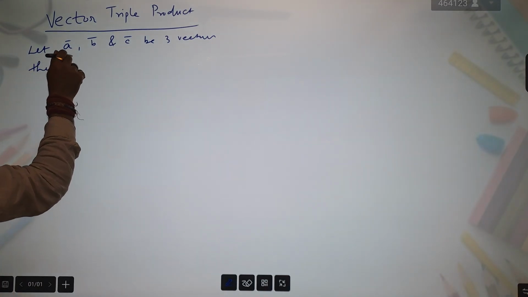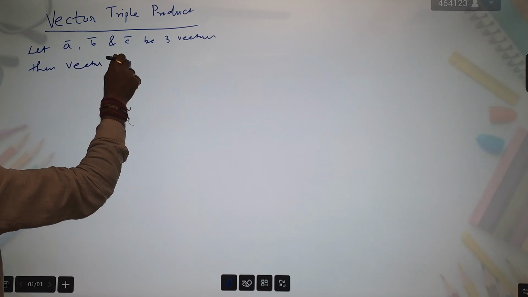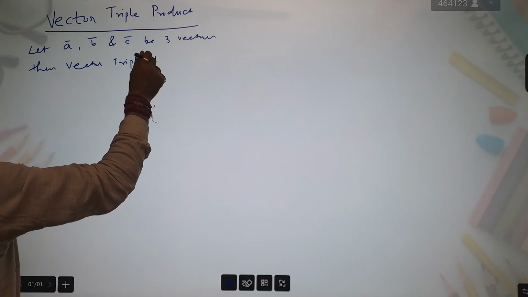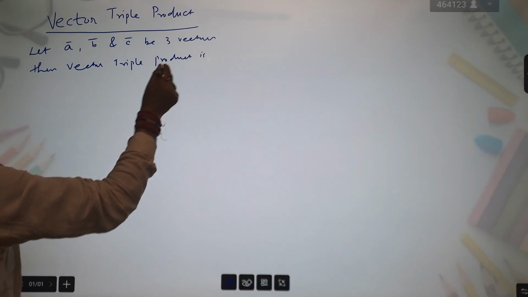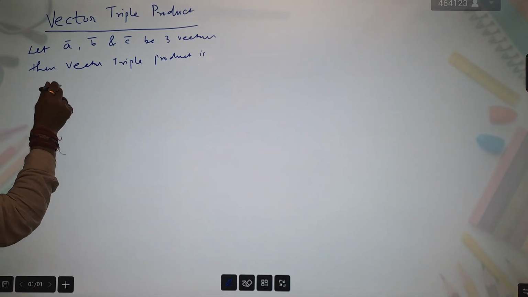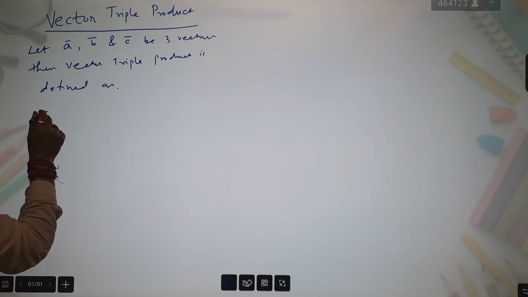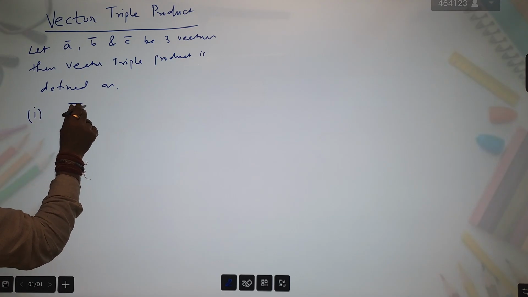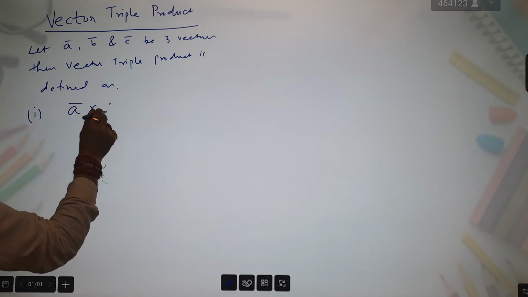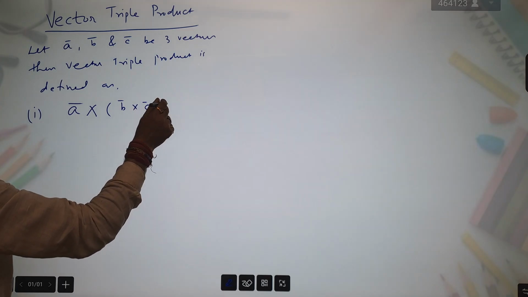Then the vector triple product is defined as A bar cross B bar cross C bar.